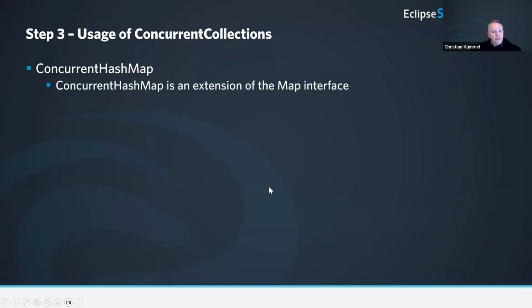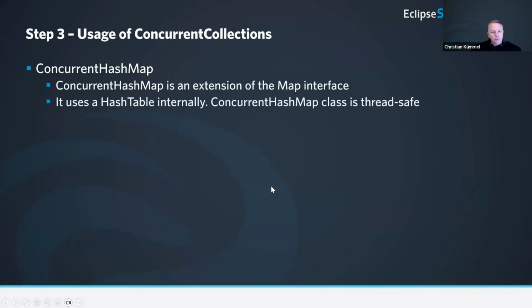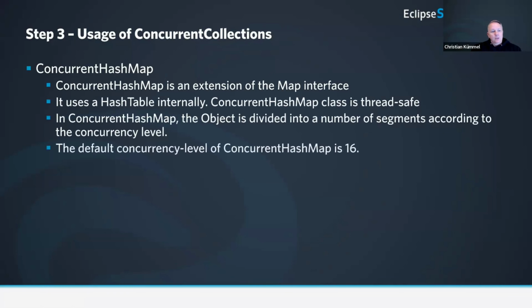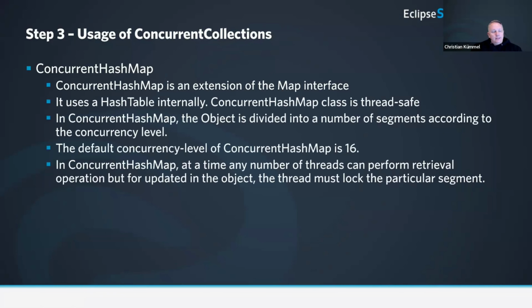For example, the concurrent hash map is mostly thread safe, I have to say. And in my opinion, it's the best solution when you really need a concurrent or thread safe map. That's okay to use, but you have to be careful.